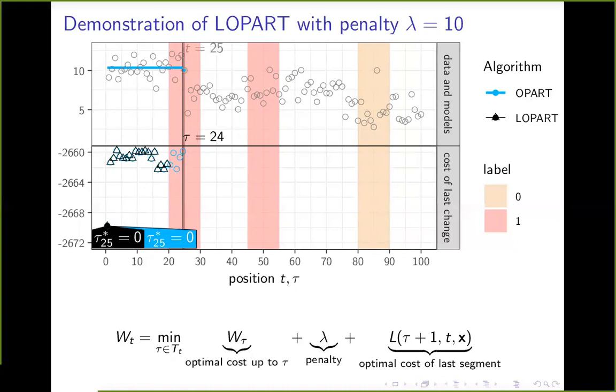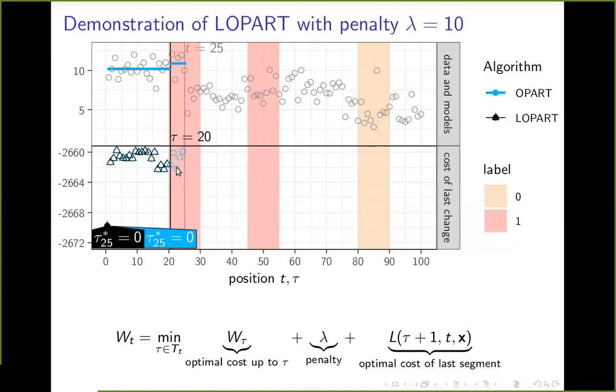What's interesting here is that you can see now that there's a difference between the algorithms. The cost values here in blue represent the cost of the usual Opart algorithm, which will just optimize over all of the previous possible change points, even the ones in the red region. But with the new Lowpart algorithm that we propose, in black, you see that these black triangles are gone down here.